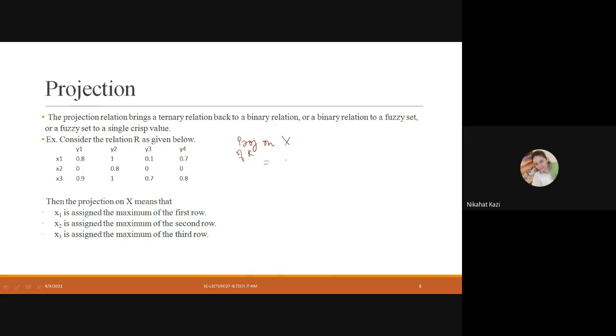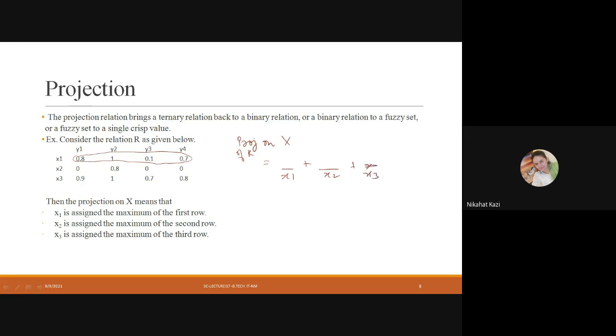How will you perform it? You look at this particular row, and whatever is the maximum value will be assigned to X1, the membership value of X1 in the fuzzy set created out of this projection.